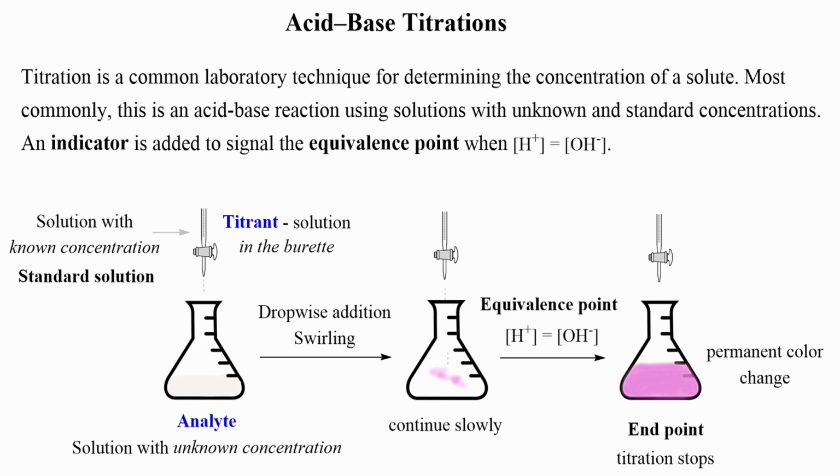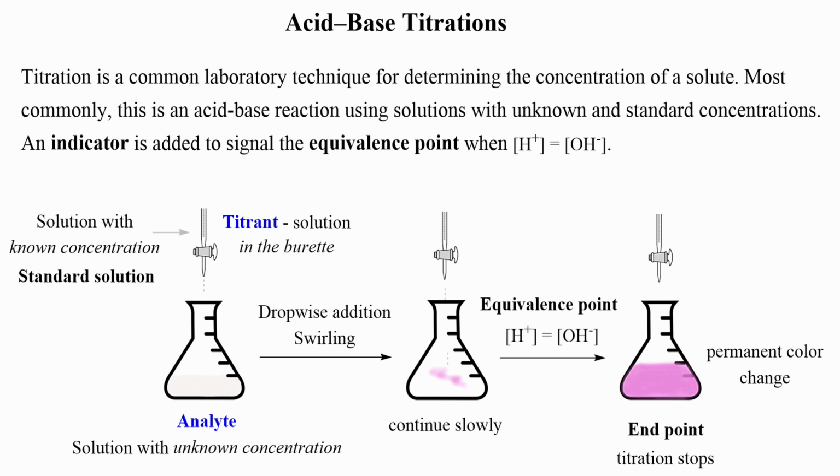Basically, if it is titration of an acid-base solution, it indicates the same amount of H+ ions and OH- ions. Sometimes the analyte is in the burette, or it could be the other way around. The titrant solution will be added slowly, until we achieve the color change permanently.